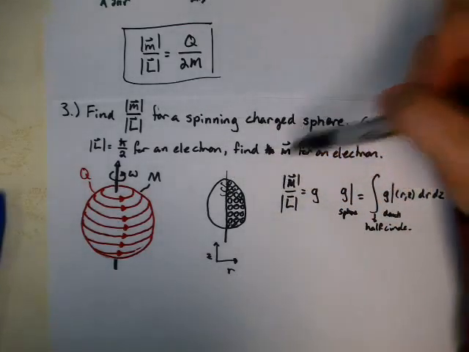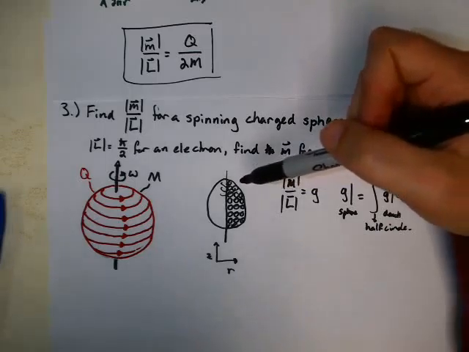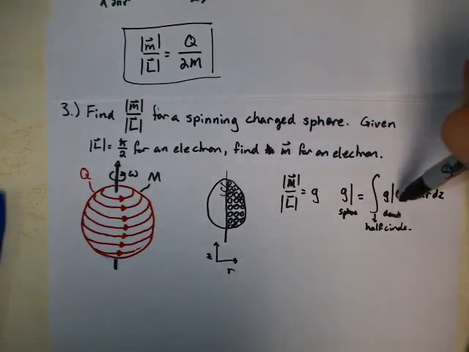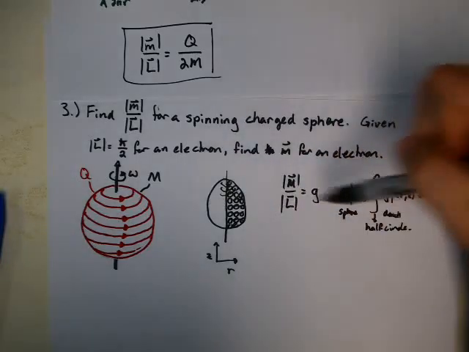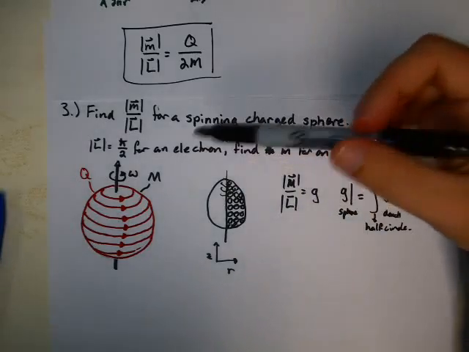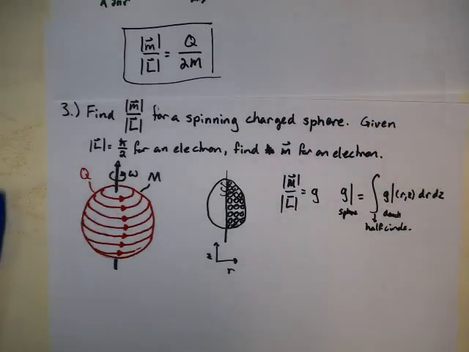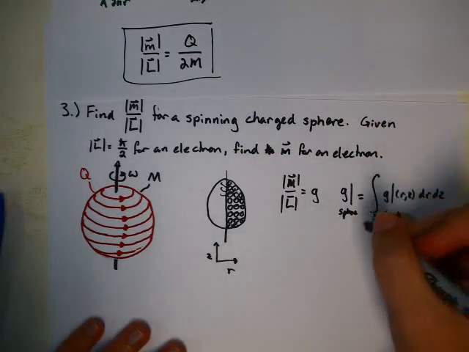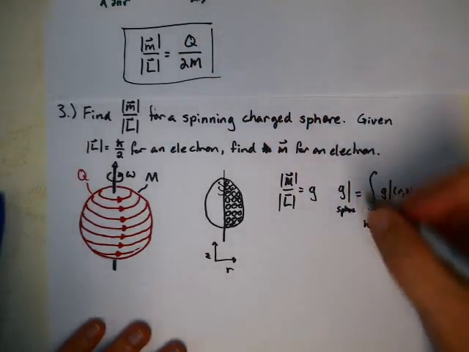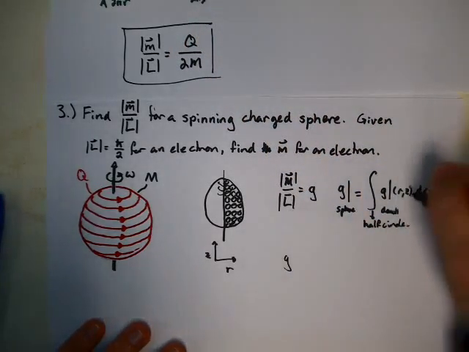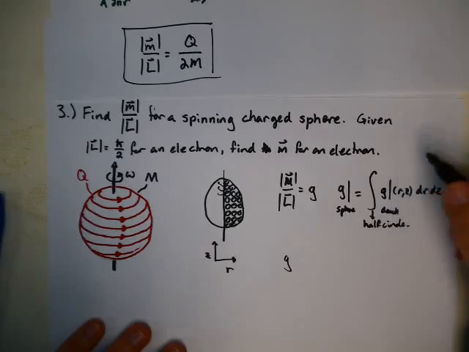If we have a uniformly charged sphere, so that the charge doesn't change as a function of radius, and the mass doesn't change as a function of radius, or they do change but uniformly such that charge and mass are related, then the gyromagnetic ratio for a sphere is also going to be Q over 2m, because we just integrate over it.